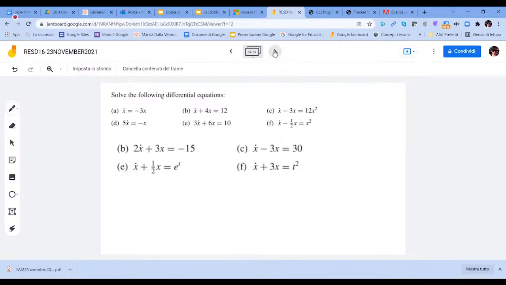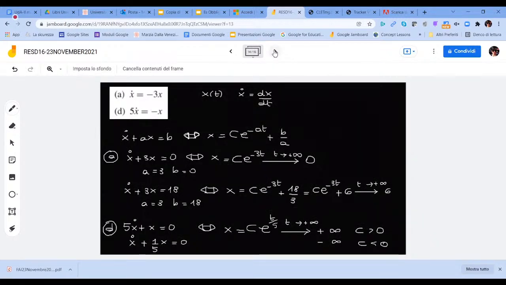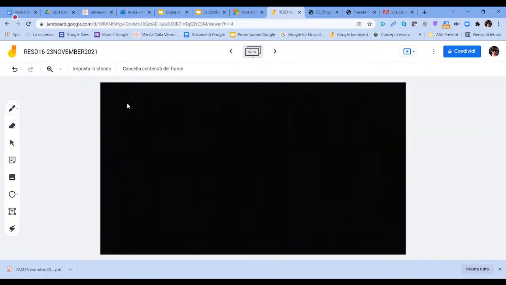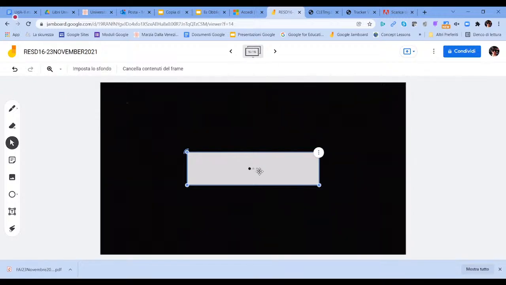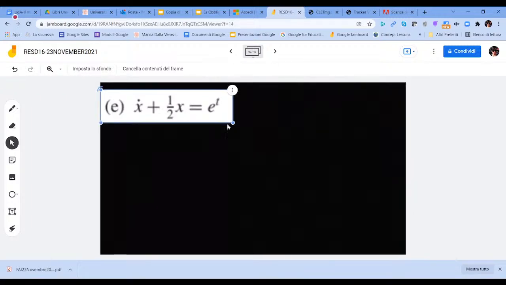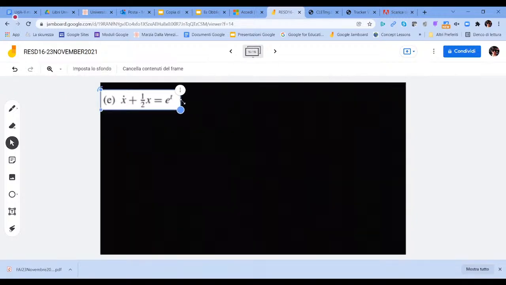This is the kind of equation that hasn't constant coefficient, but on the other side we have a function of t. Okay, this is this kind of equation.